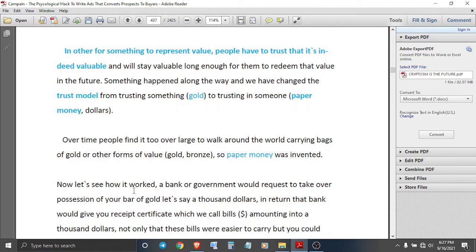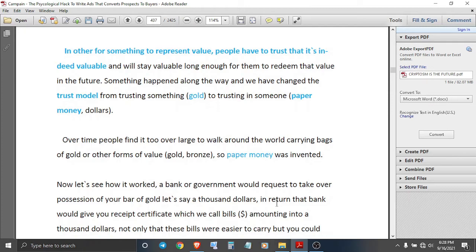So the government came up with the idea that they would take possession of your gold, then give you, say, $1,000, not a million or whatever, as a receipt, a certificate that your bar of gold is with them. When you return that $1,000, they will give you back your gold.